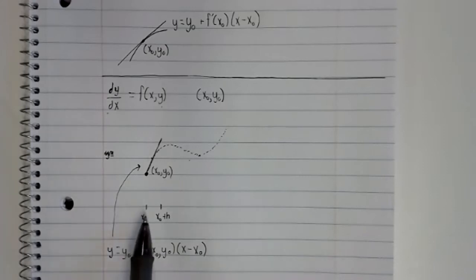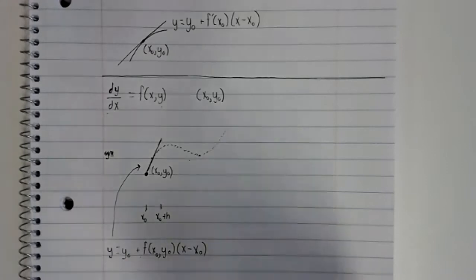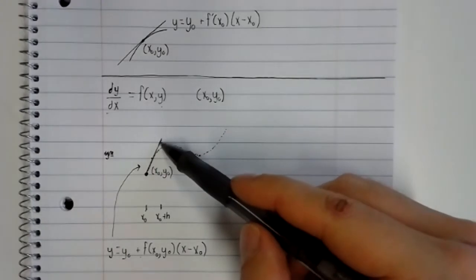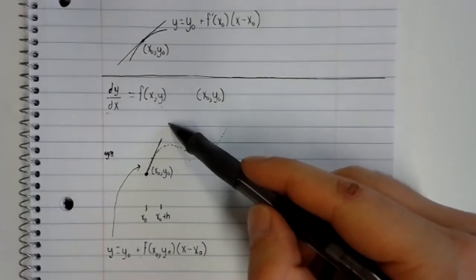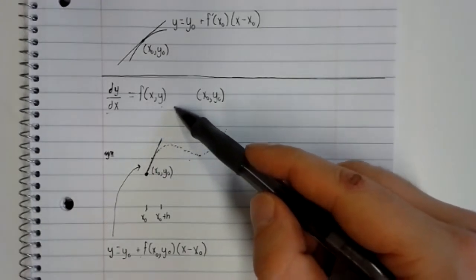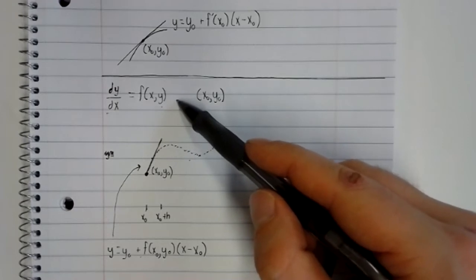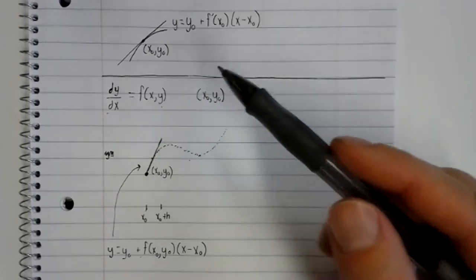But that's only on a small interval. What if we need to approximate y on a larger interval? Clearly, this approximation stops being a good approximation of the curve pretty quickly.